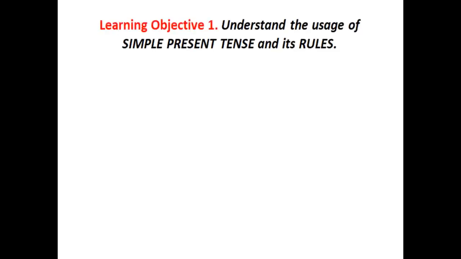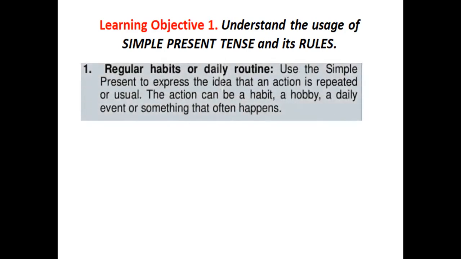Learning objective number one, understand the usage of simple present tense and its rules. Now we have to remember that there are some rules that we have to consider when we use simple present tense. Rule number one, we can use simple present tense if we talk about regular habits or daily routine. So if we keep on doing things regularly, that's when we can use simple present tense.